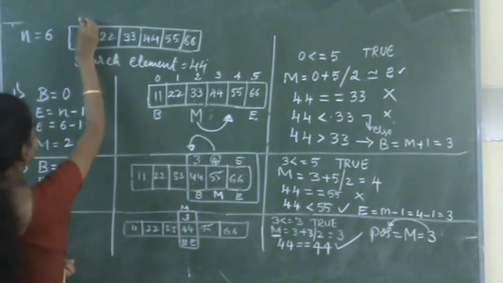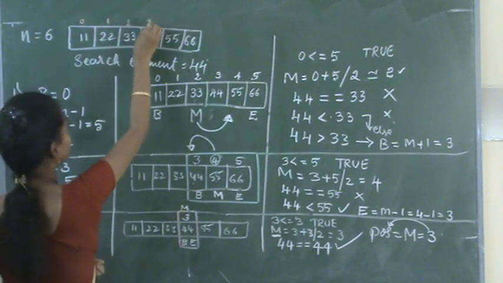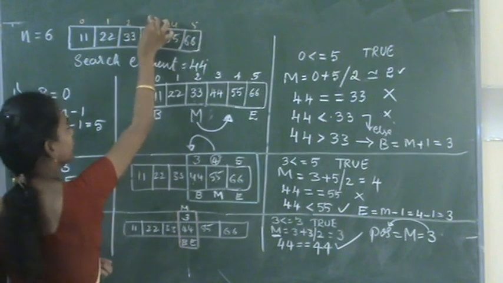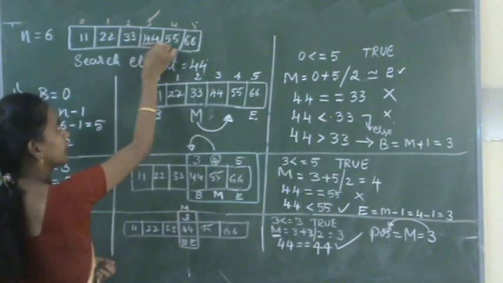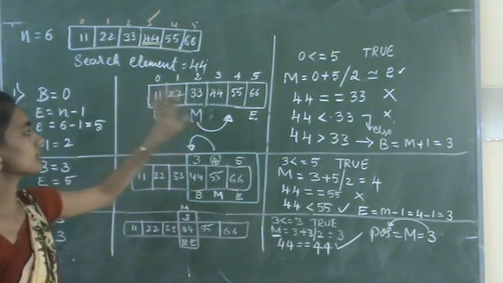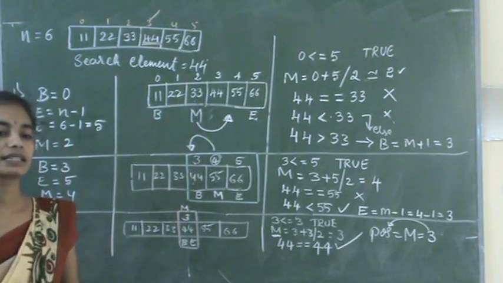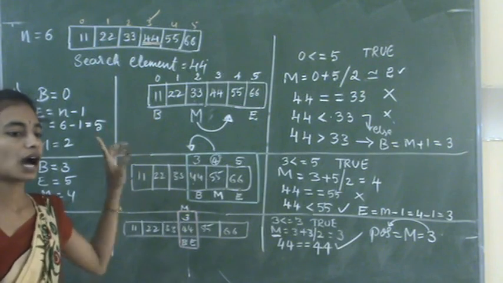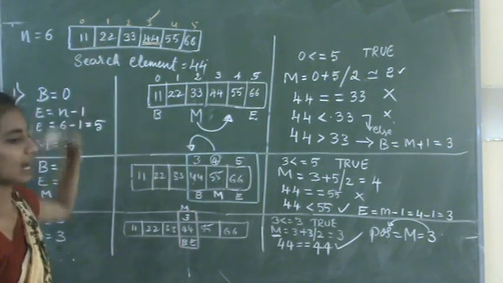See, 0, 1, 2, 3, 4, 5. At position 3 we get the search element 44. So this is the binary search algorithm applied to this array.